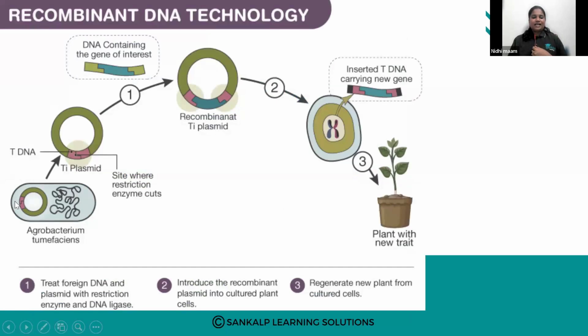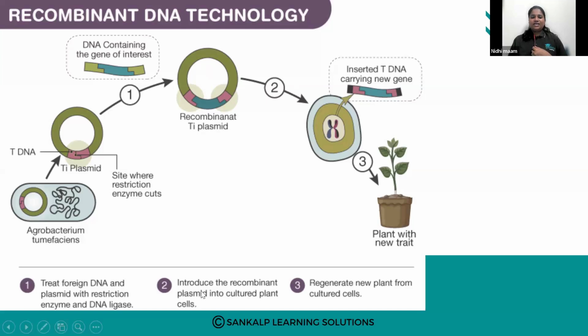What happens here? Agrobacterium tumefaciens: treat foreign DNA and plasmid with restriction enzyme and DNA ligase, right? From this we take the T plasmid of Agrobacterium. DNA containing the gene of interest will be selected and inserted here. So this is the recombinant T plasmid.